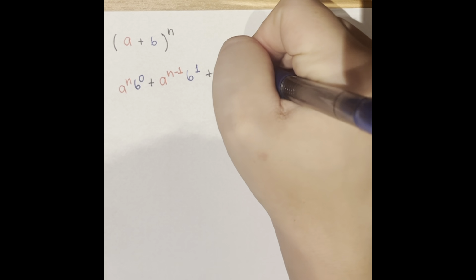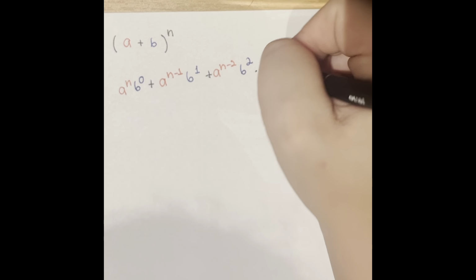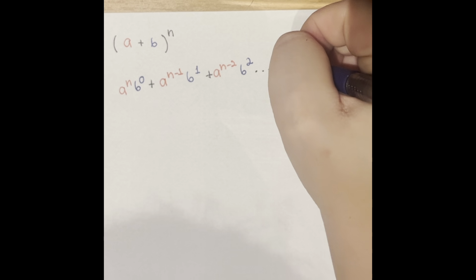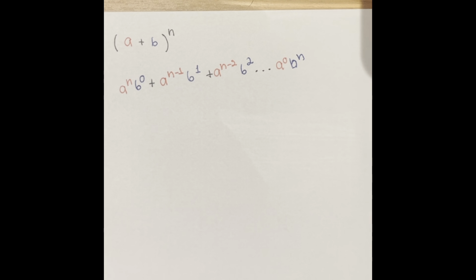And then a to the n minus 2, b to the 2. And this pattern will be followed until we reach a to the 0 and b to the n. And this will become really important when we learn about the binomial coefficients.